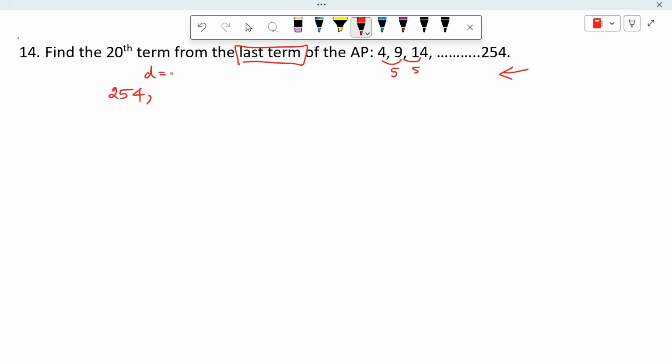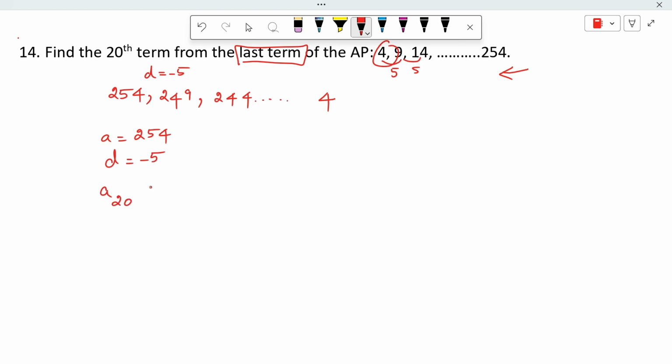So d is minus 5. Now write the sequence. 254 is the first number, then 254 minus 5 will be 249, then 249 minus 5 will be 244, and it goes on, and it ends with the term 4, right?